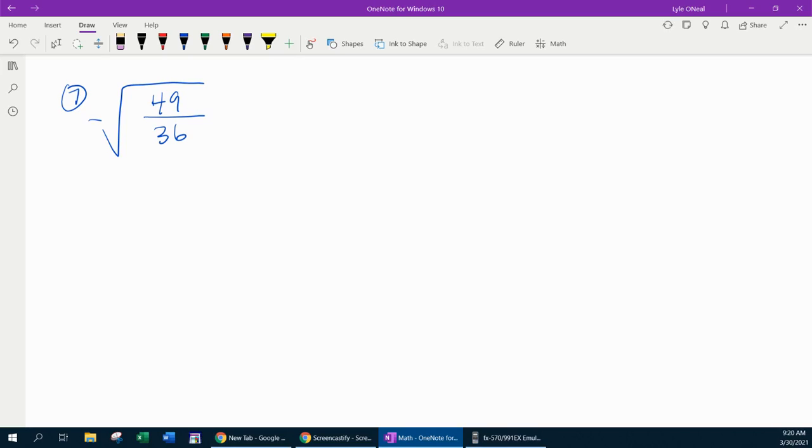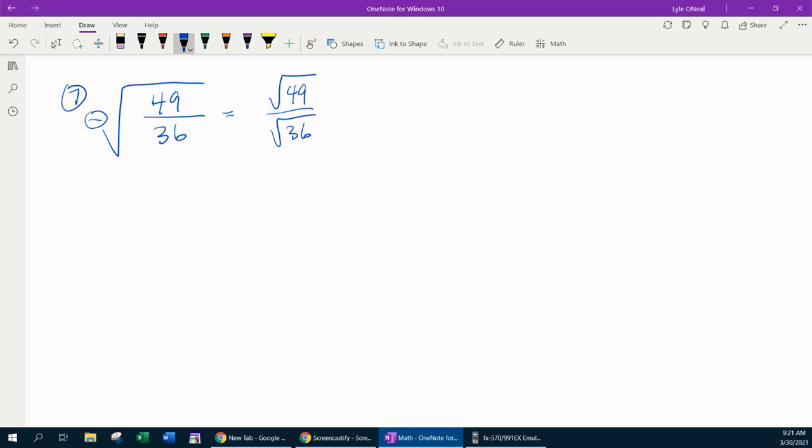Okay, first example from our text. Number 7, we have the negative square root of 49 over 36. There is a property of radicals that says if you're taking the root of a fraction, you can separate that and do the root of the numerator and the root of the denominator separately.